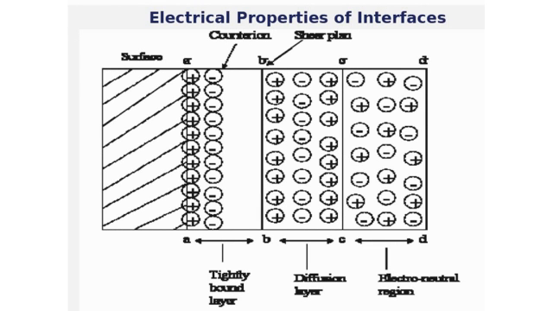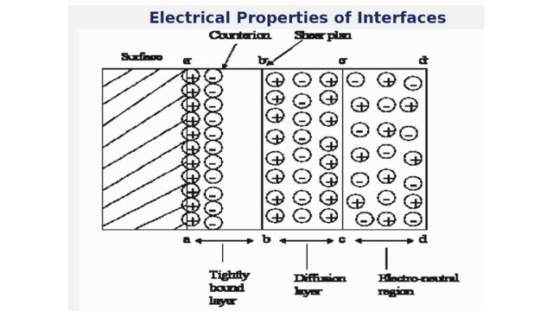Now let us discuss the electrical properties of the interfaces. First of all, I would like to brief the concept here in this chart. Afterwards, every time you have to keep the relationship with this particular graph. Suppose this is the solid surface of the suspended particle.